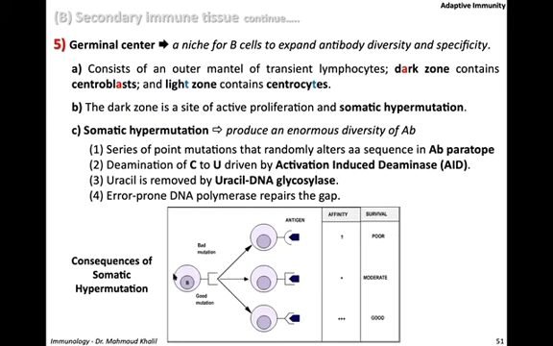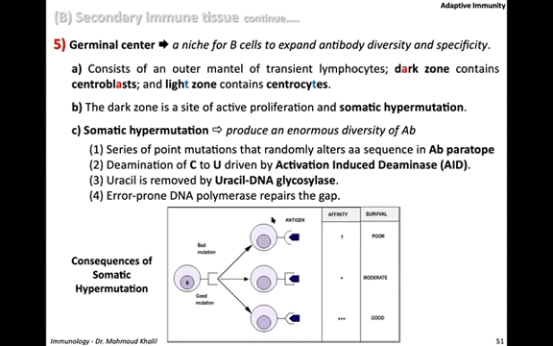Originally you have a B cell which has a basic receptor on its surface, and you can see that a series of mutations can dictate and determine the affinity of this receptor to a specific antigen.